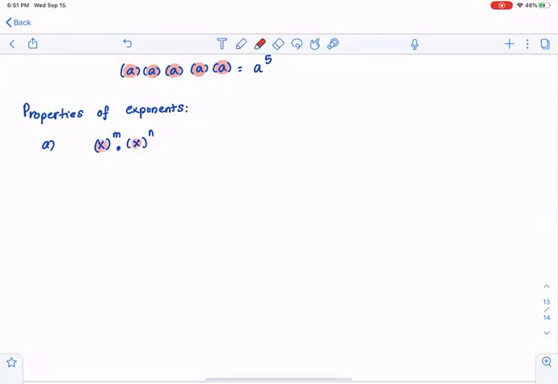Since the bases are the same, I could put that common base and add the powers, m plus n. You can only do this if they have the common base, which in this case is x.